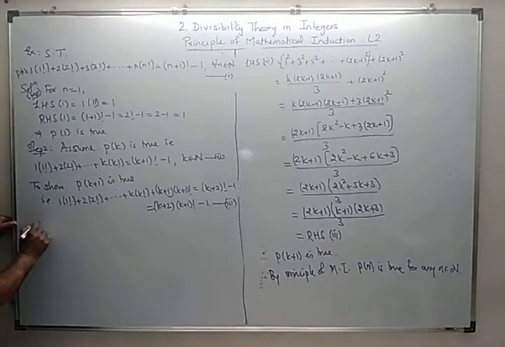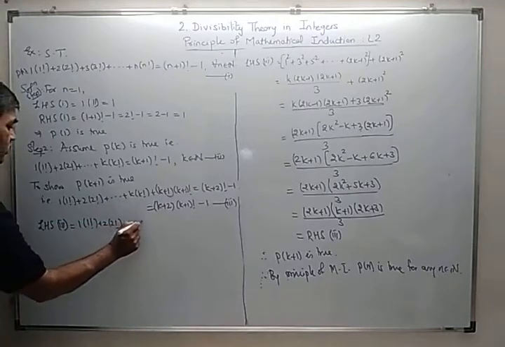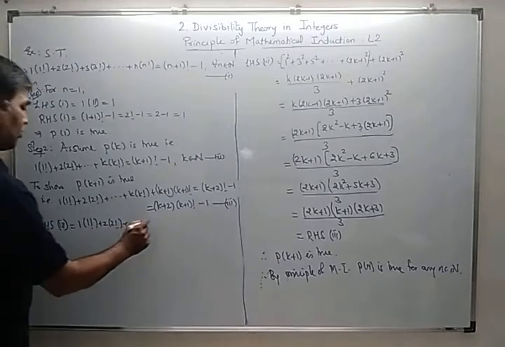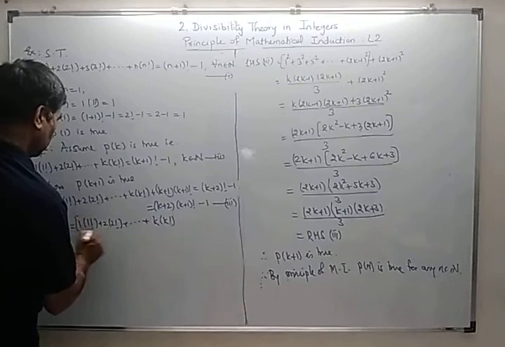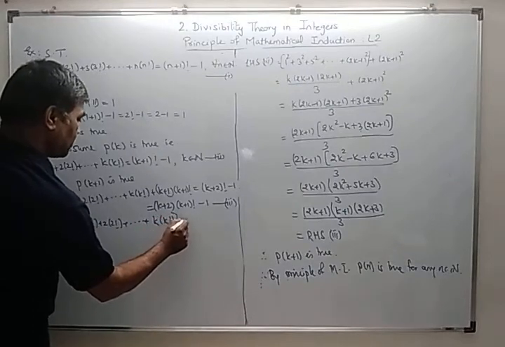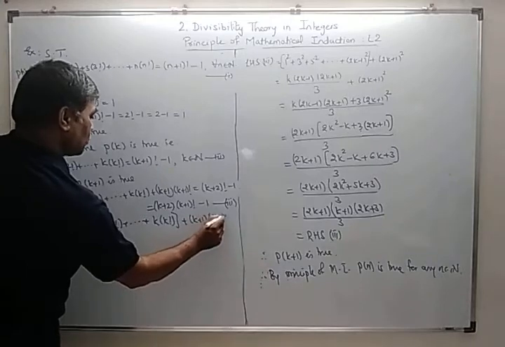So the left hand side is equal to 1 factorial, 2 factorial plus k factorial. We'll take this in one bracket, plus k plus 1 into k plus 1 factorial.